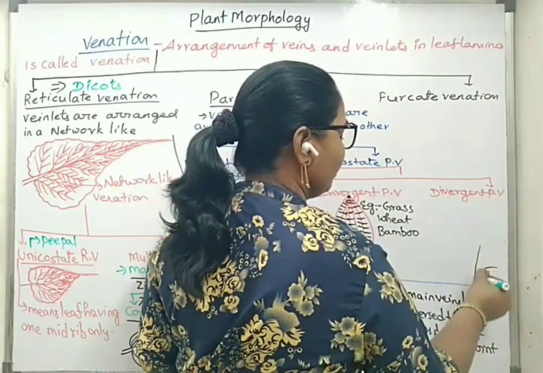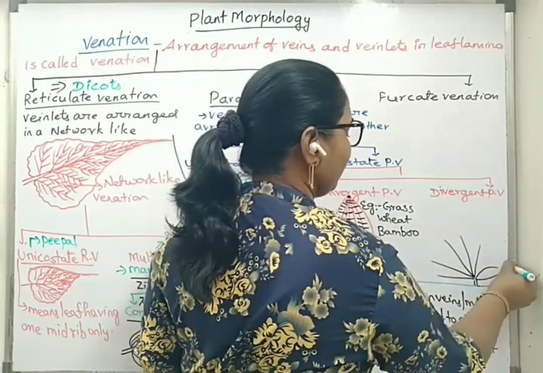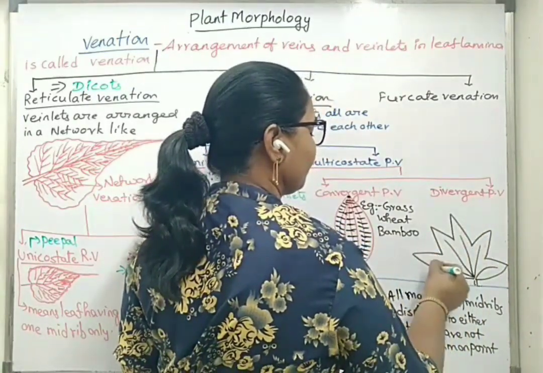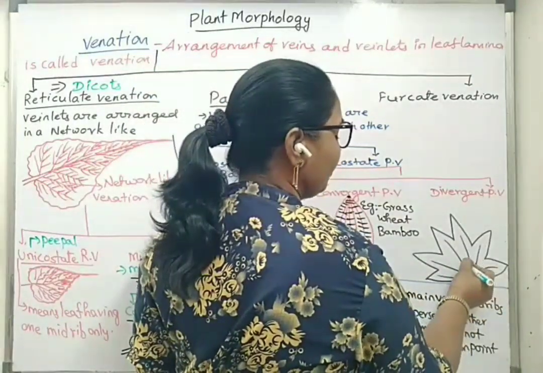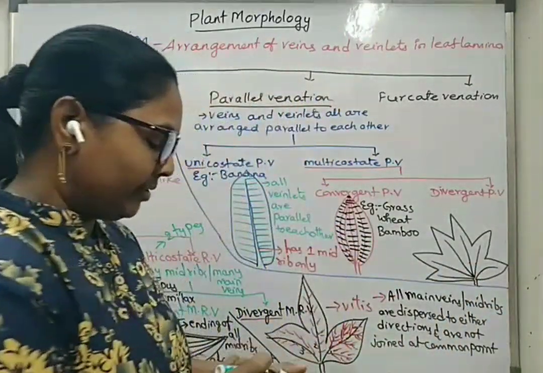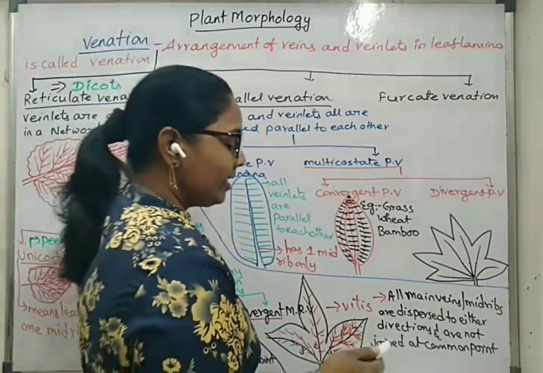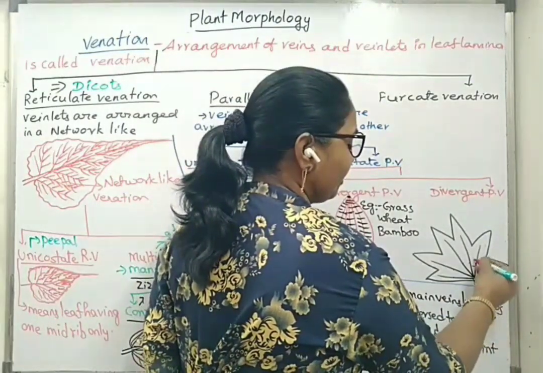One, 2, 3, 4, 5, 6 midribs which are dispersed to either direction. Here also all the veinlets are arranged in parallel form only, like this.